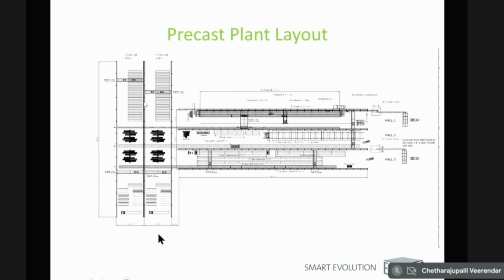The hall is perpendicular here because the EOT cranes are running on these 2 bays or 3 bays, depending on the number of days of storage required in the stockyard. And then the element is transported through a wagon directly into the stockyard. You can see these wagon rails coming here. It goes directly into the stockyard. And then the cranes will pick up the element and place it efficiently in any of these areas.